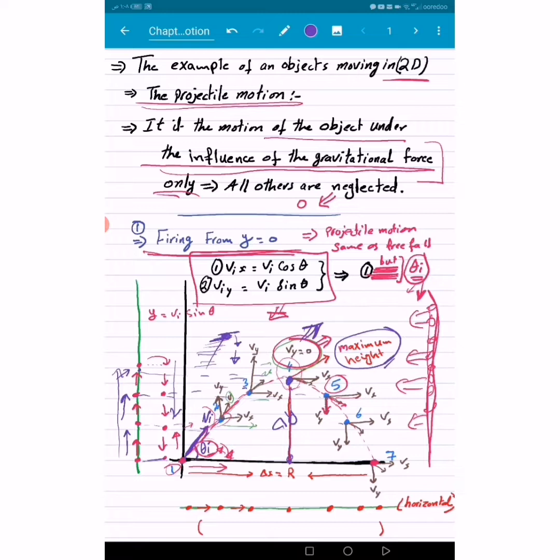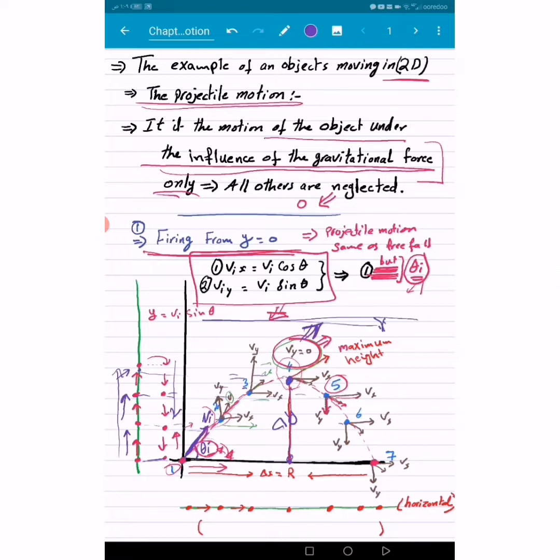Then if I want to check the points in X, I just shine my light from this way. So I put my lights here and check my points for the object. What does the object do? In point 1, the object is here. Point 2, the object is here. Point 3, point 4, point 5, point 6, point 7.